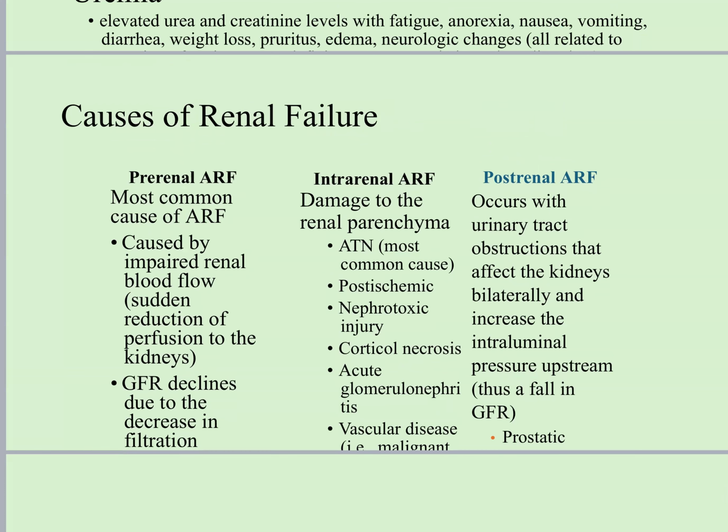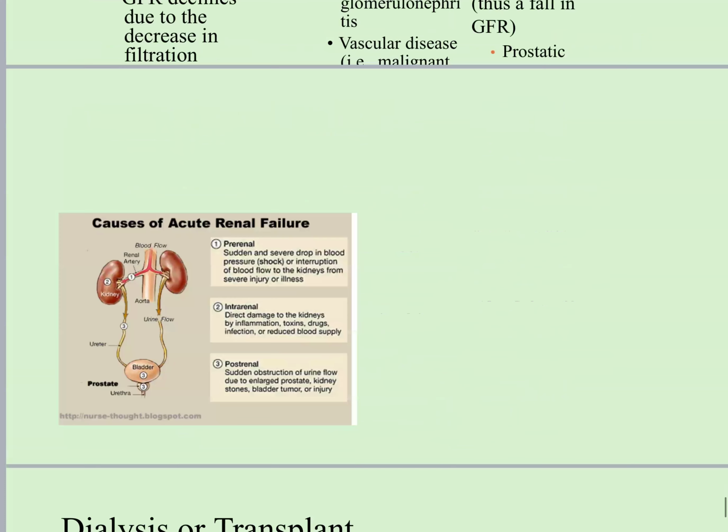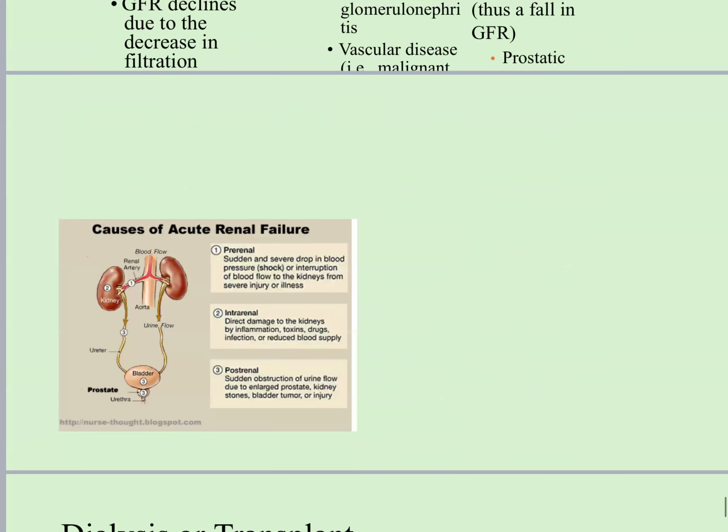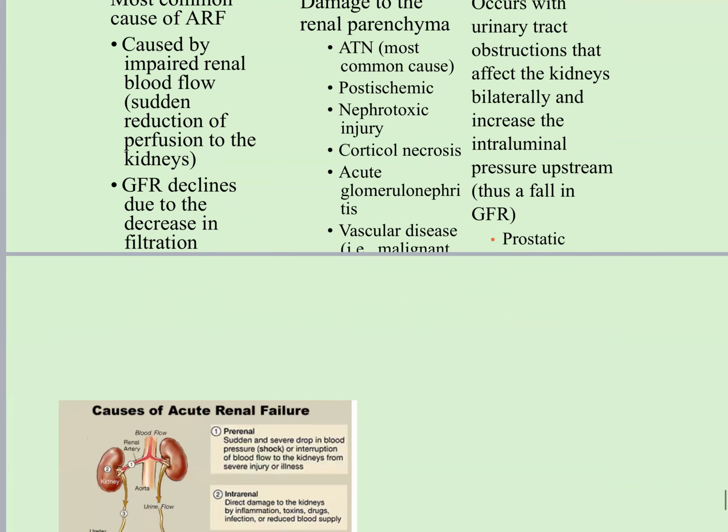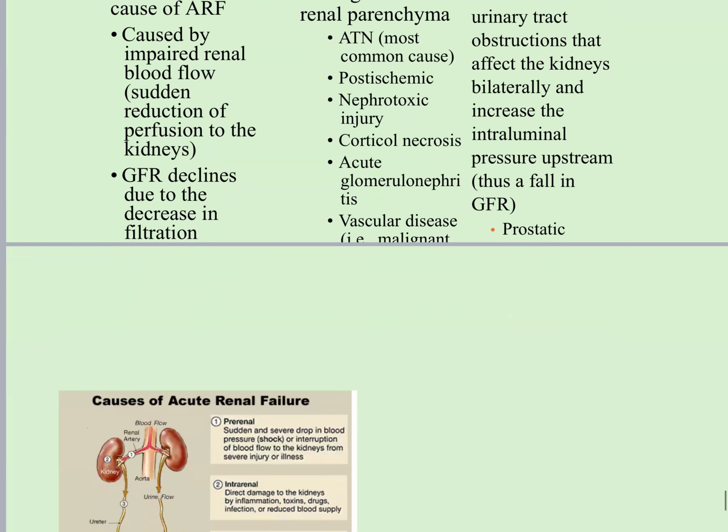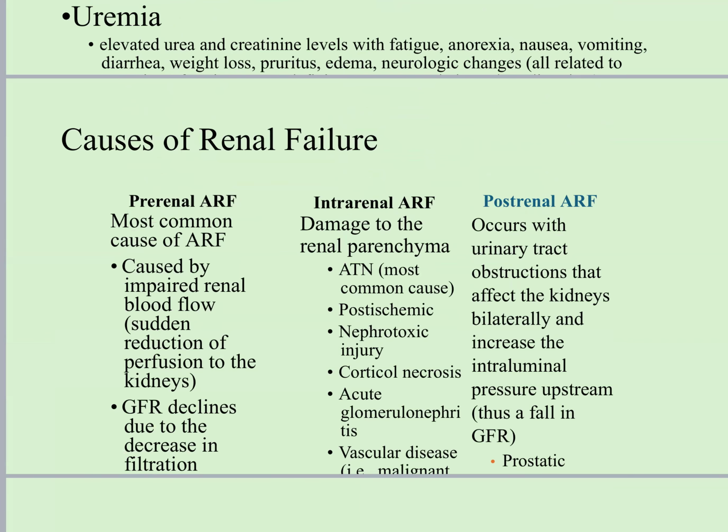So intrarenal would be like that middle zone. That is damage directly to the kidneys. Acute tubular necrosis is the most common cause. We didn't really talk about that much.